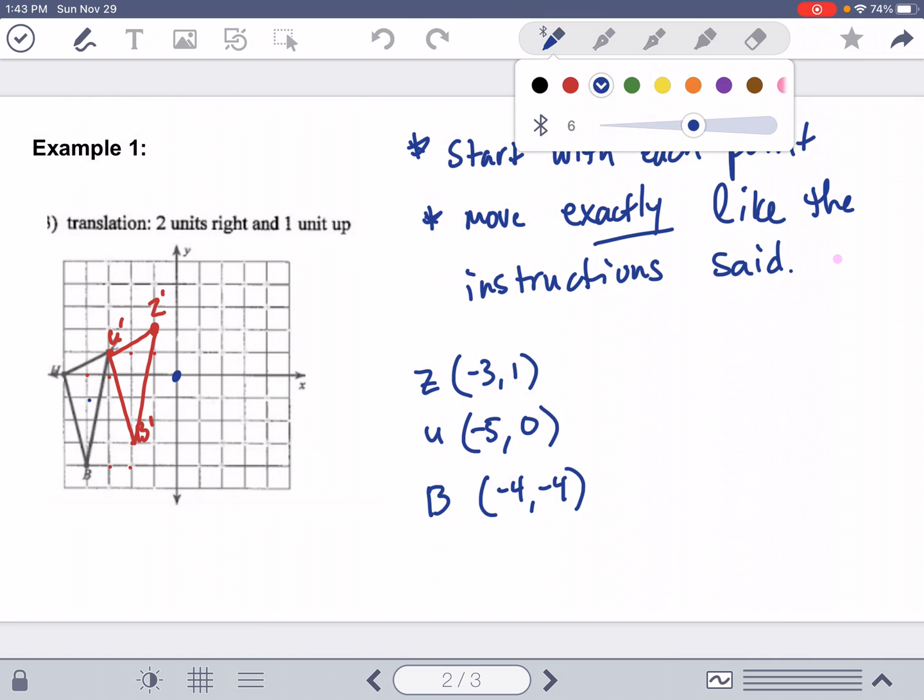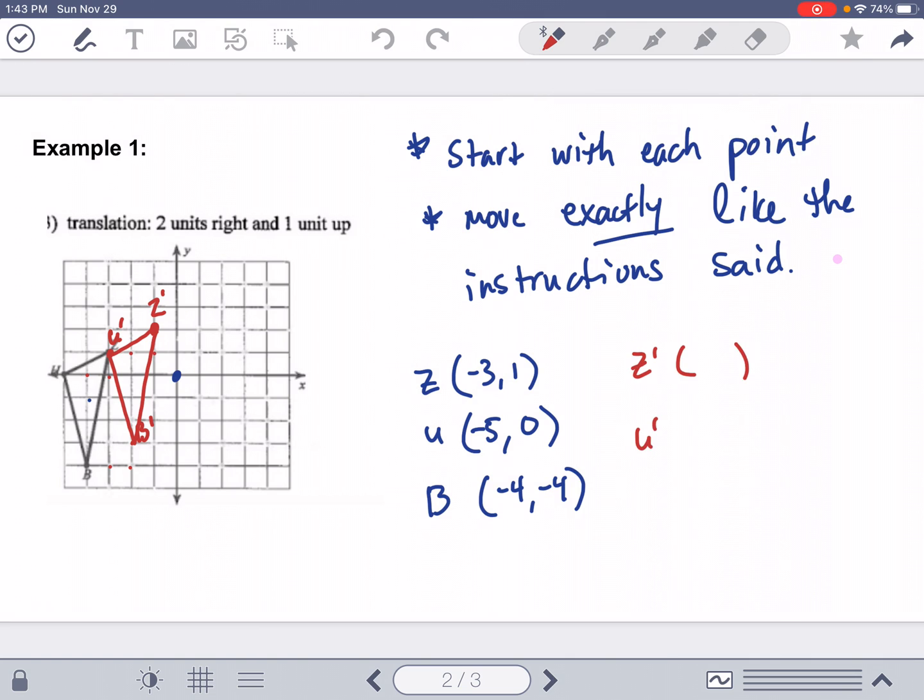And now my new points, so Z prime, U prime, and B prime. That's how you read that little mark, I forget what you call it, but you read it as a prime.